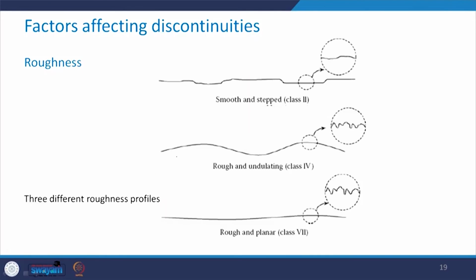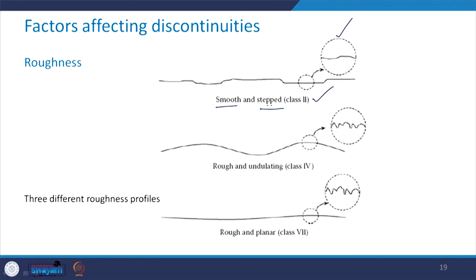From this figure, take a look. There are three different roughness profiles which have been shown. The first one is class 2, that is smooth and stepped. You can see here, if I take a small portion and zoom it like this, you see what we mean by smooth and stepped. Then the next one is rough and undulating.